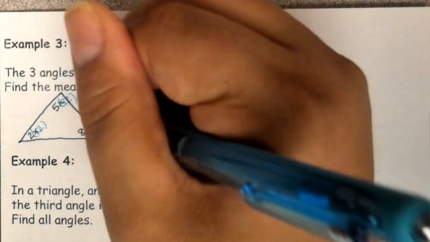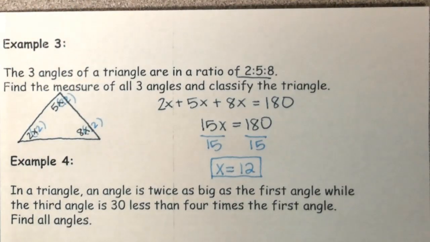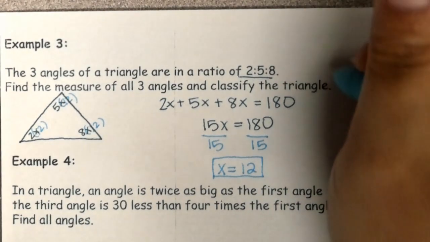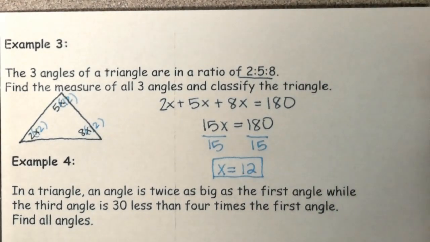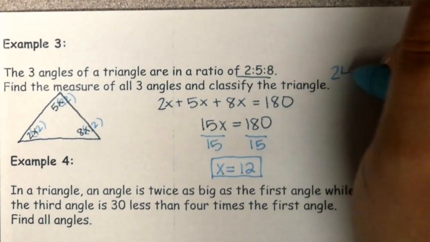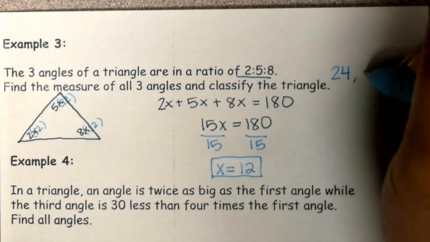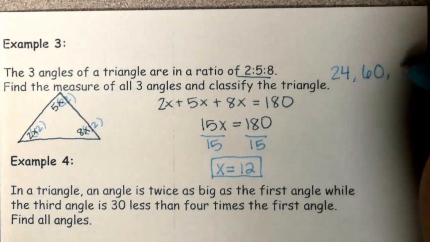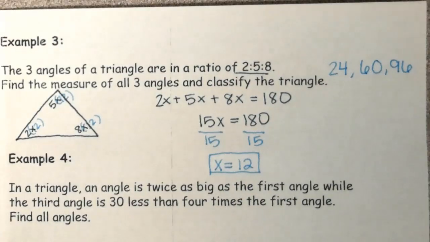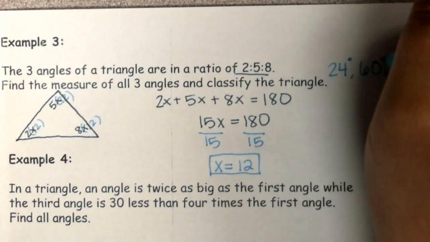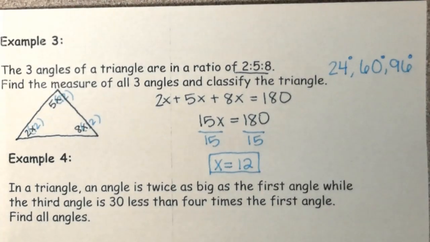2 times 12, 5 times 12, and 8 times 12 gives me 24, 60, and 96. I would count points off for this. Degrees. 24 degrees, 60 degrees, and 96 degrees.